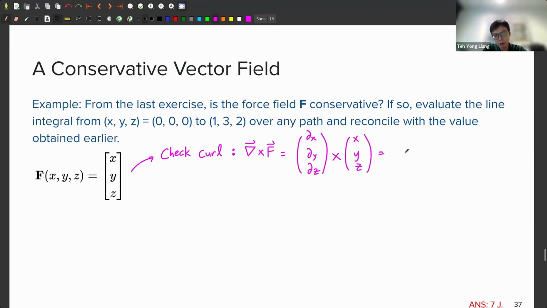Therefore we have the first row, z sub y, meaning differentiate z with respect to y, minus differentiate y with respect to z. Obviously it's going to be 0, so 0, 0, 0. Indeed, this is a 0 vector. Therefore, F is conservative.